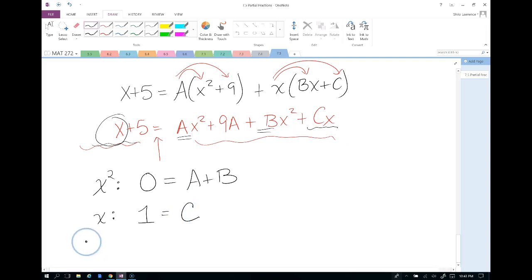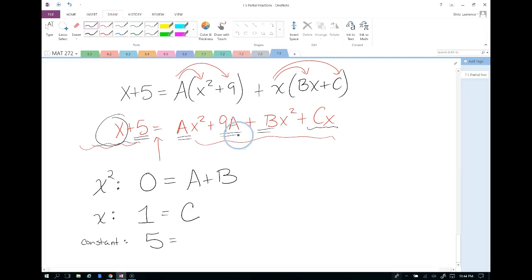And then if you look at your constant terms, on the left and the right, the constant on the left is a 5. The constant on the right, sometimes it's hard to identify. Remember, the only variable here is the x. The a, b, c are arbitrary constants.